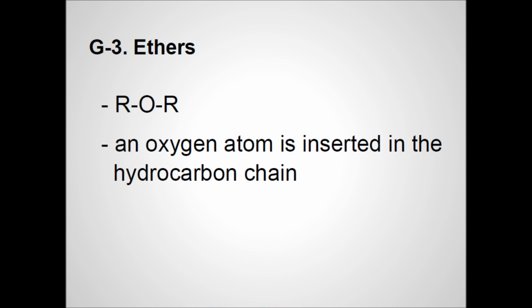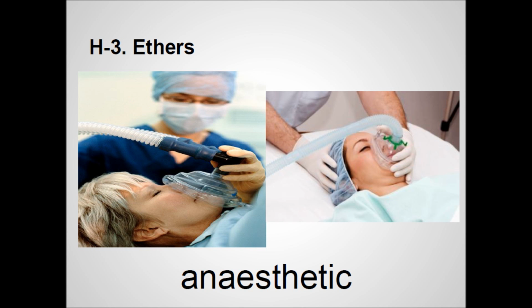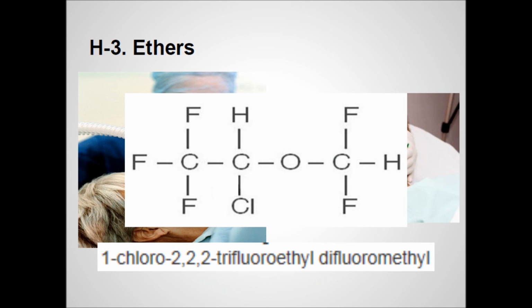The general formula for an ether is ROR. Ethers contain an oxygen atom that is inserted in the hydrocarbon chain or ring. Ethers are more polar than alkenes, but not as polar as alcohols. They have relatively low boiling points compared to their analogous alcohols. Anesthetic is an example of ethers and mainly composed of 1-chloro-2,2-trifluoroethyl difluoromethyl.